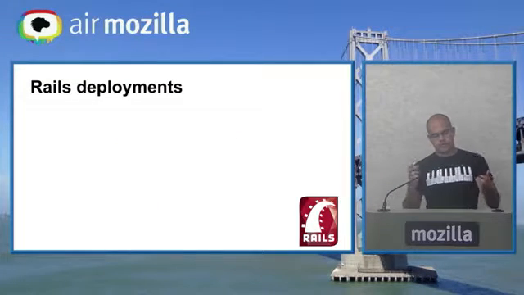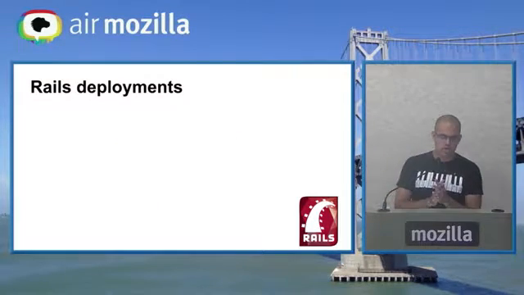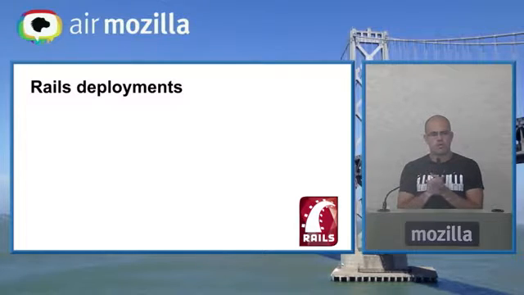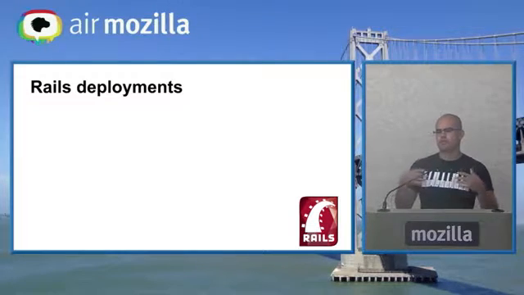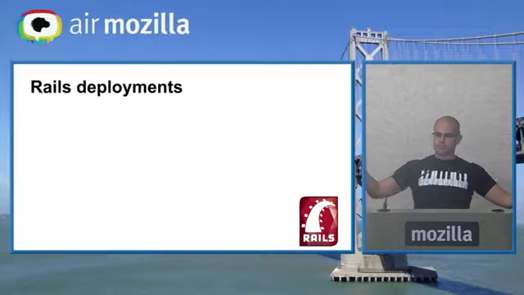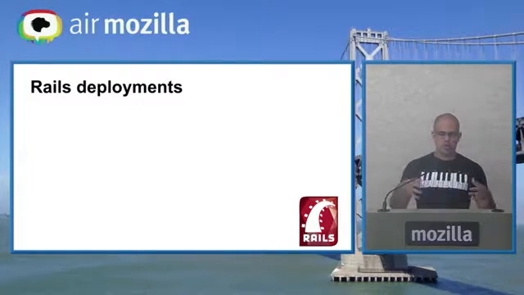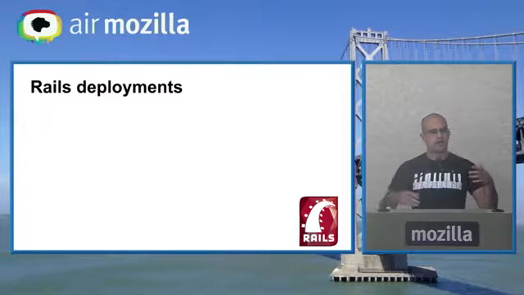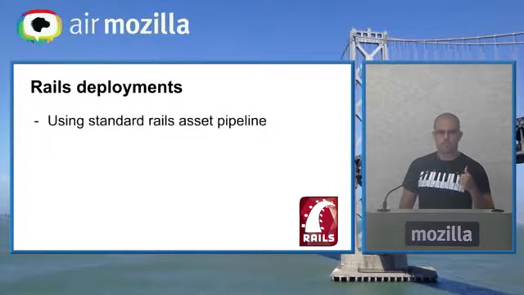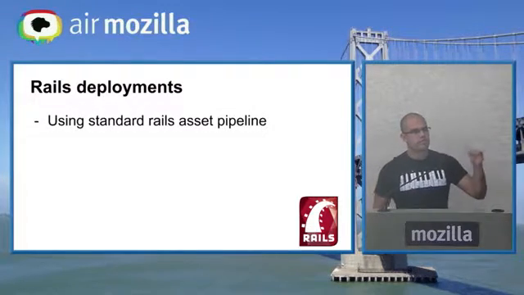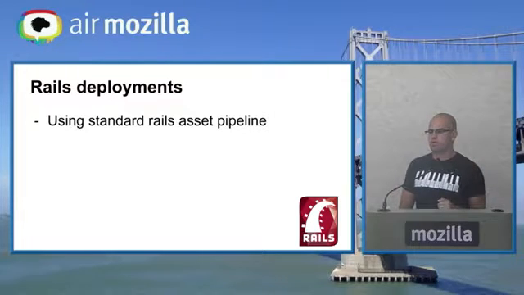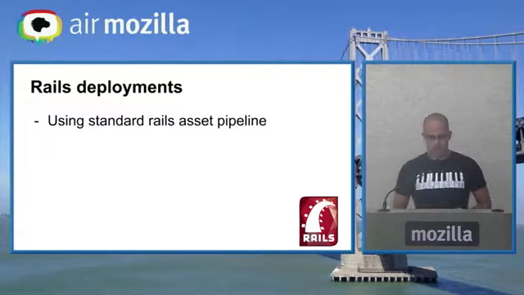Cool. Let's talk about the problem. So when you have a Rails app, it tends to grow a lot, right? So when you deploy your app, it takes a lot of time. Let's assume this Rails app that I'm talking about is using the Rails asset pipeline.